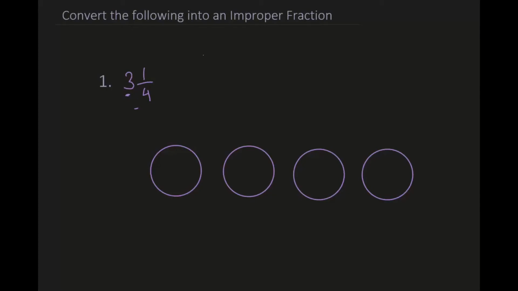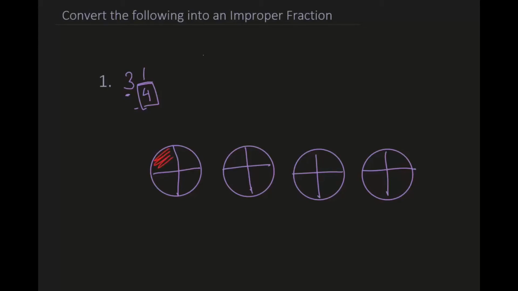We are going to divide them into 4 sections each, because that's our denominator. So we have 1, 2, 3, 4, 1, 2, 3, 4, 1, 2, 3, 4, and 1, 2, 3, 4. There we go. Now we're going to shade 3 of them completely.